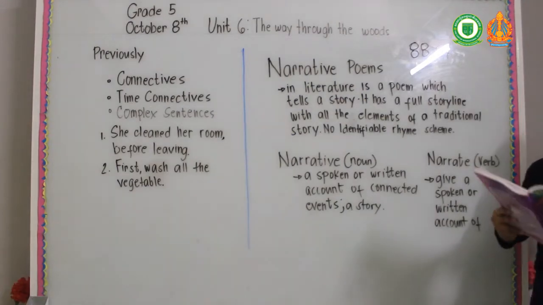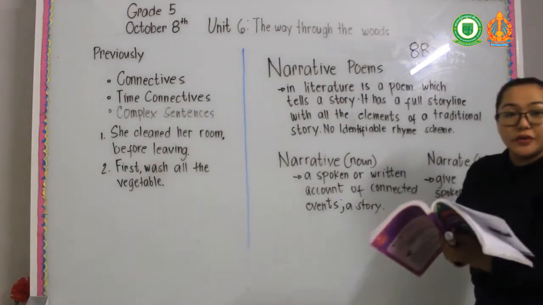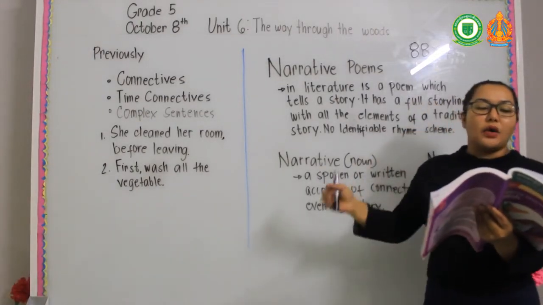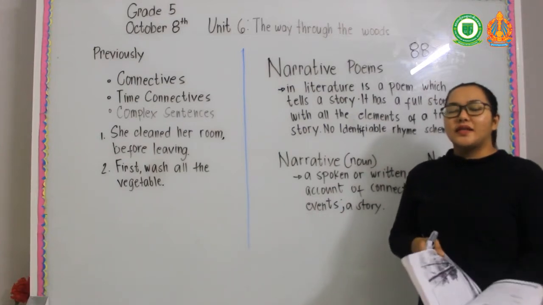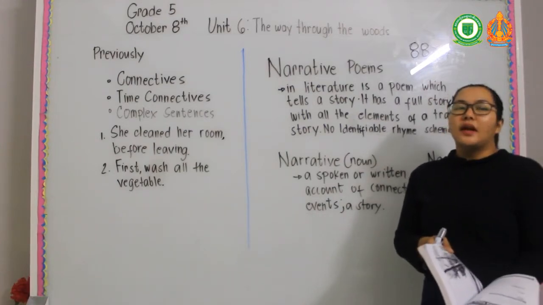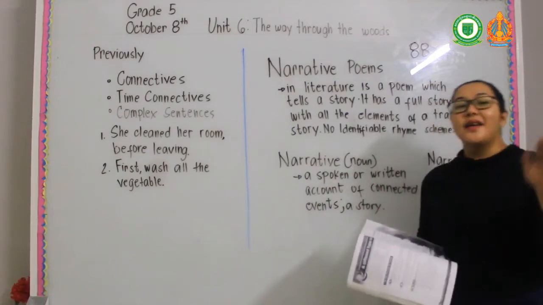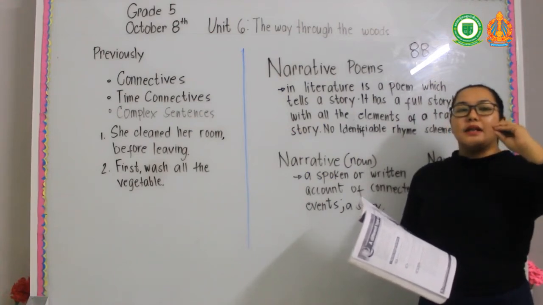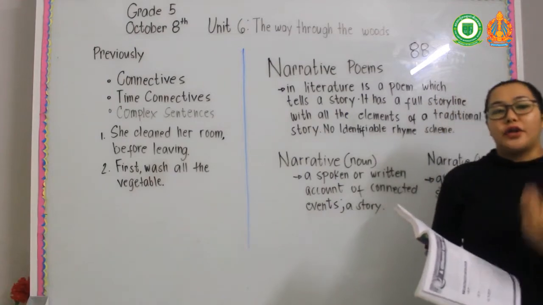As I said earlier, on this unit this will be about different types of story. If we say story, it can be in different forms, and that's what we're going to learn for Unit 6.